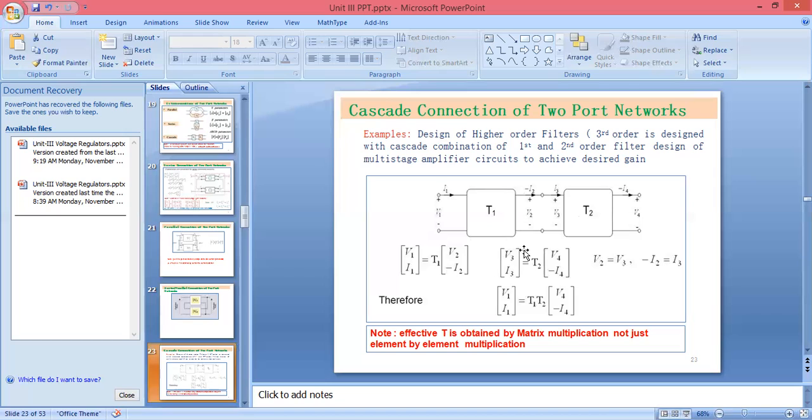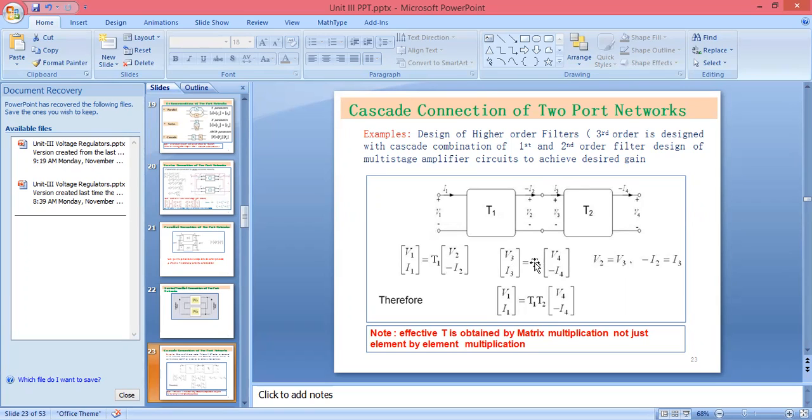And if you are calculating for the second port, we know that for port 2 the input will be V3 and I3. So V3 and I3 will behave as dependent variables and will depend on V4 and I4. We can calculate V3, I3 equal to transmission for this.